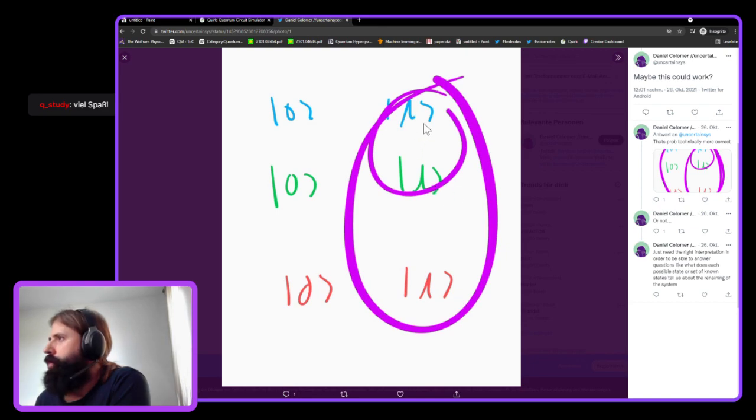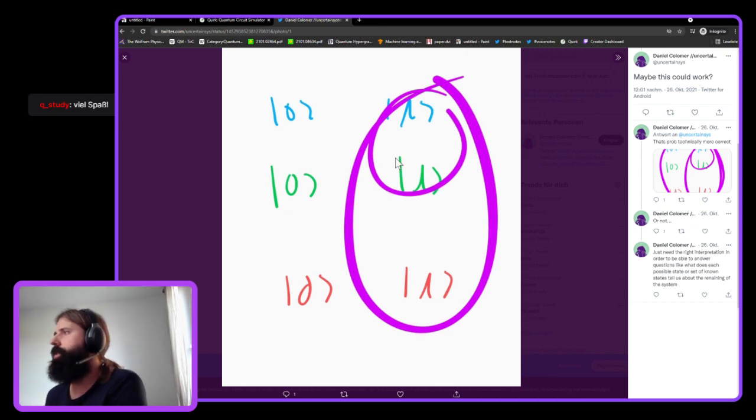The way you would read these pictures is like you ask questions: if I know this bit of information, then what do I know about the other qubits? So if I know that this is a zero, then I know it's not a one, so I know this hyperedge is not where the system is.